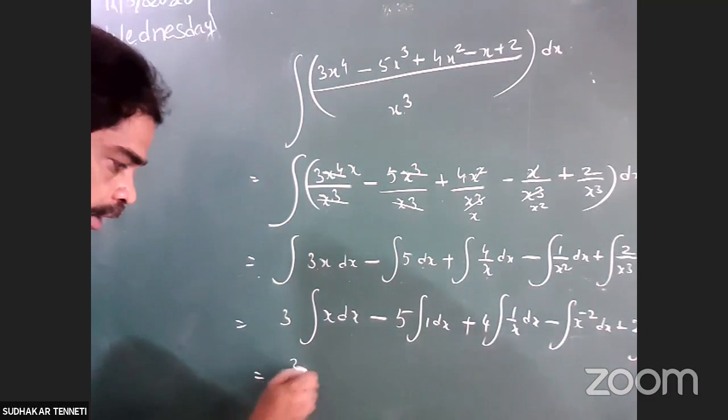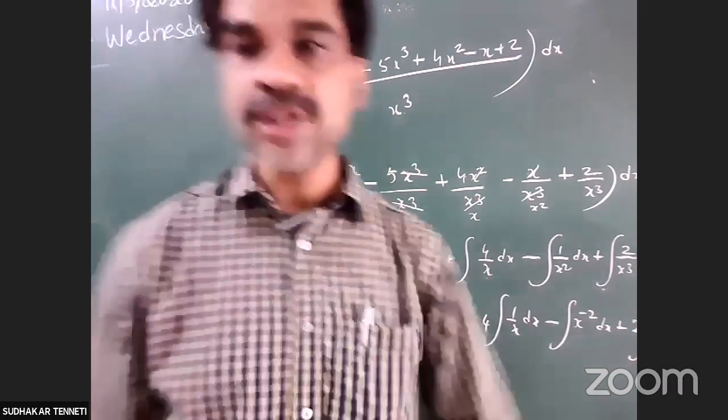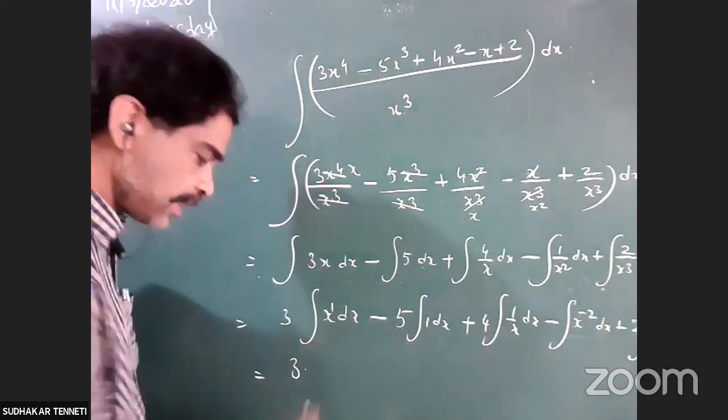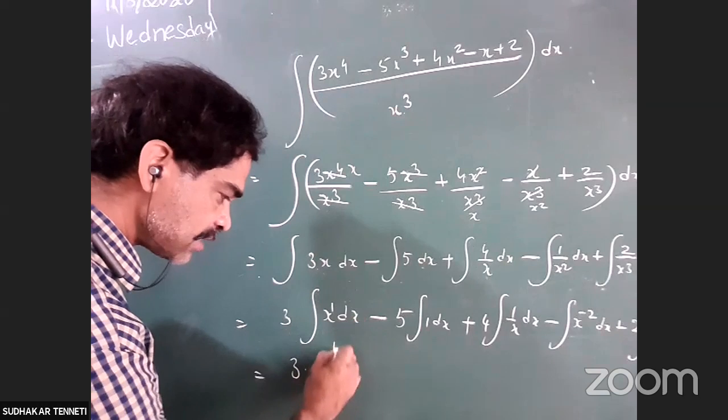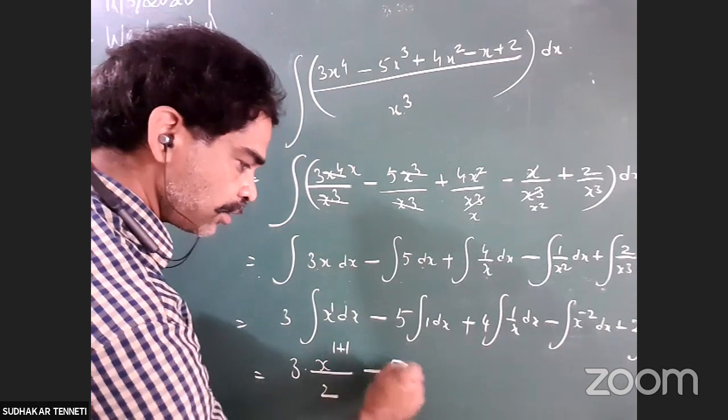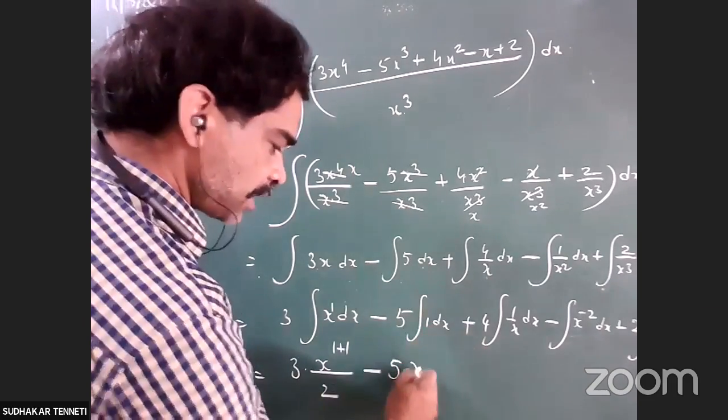That is 3 into integral of x. It is in the form of x power n. So what is the formula for x power n? It is x power n plus 1 by n plus 1. Here n means 1, so 1 plus 1 by 1 plus 1. Minus 5 into integral of 1 means we can write x.